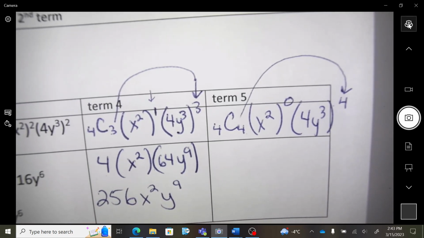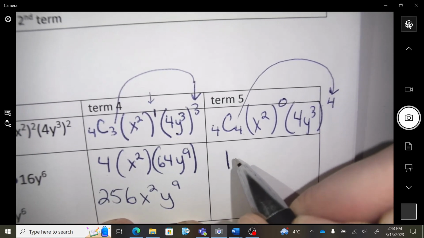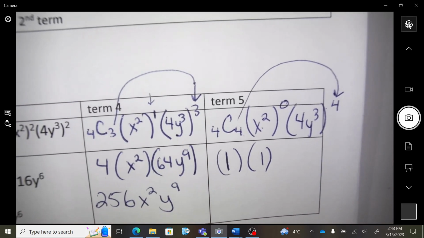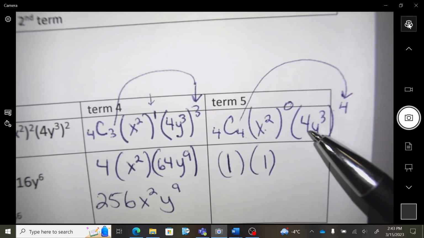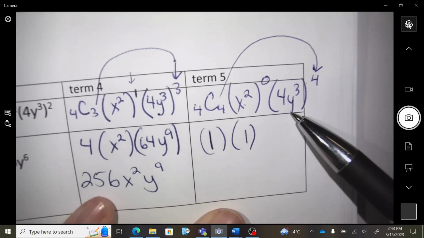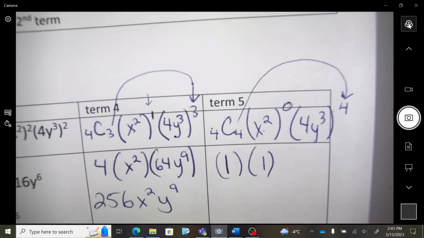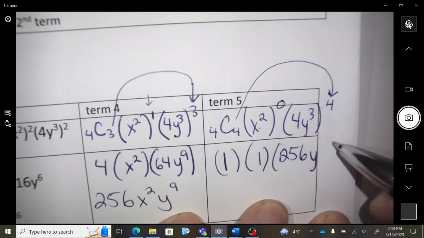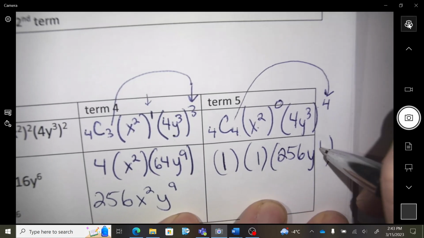Or subtract. Okay, so 4 choose 4 is just 1, by the way. Anything to the 0 is just 1. Then my number here, we're going to have to do 4 to the 4th, so I think that is 256. Y to the, what are you going to write there? 12.